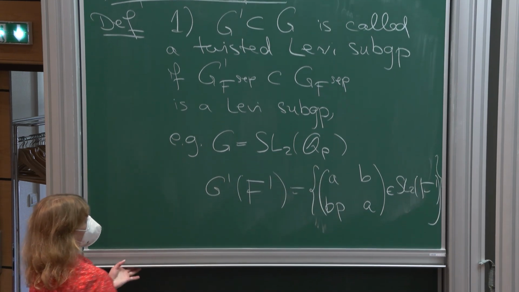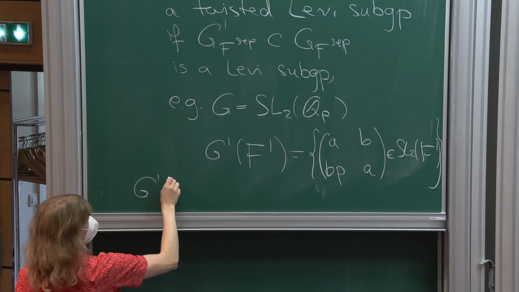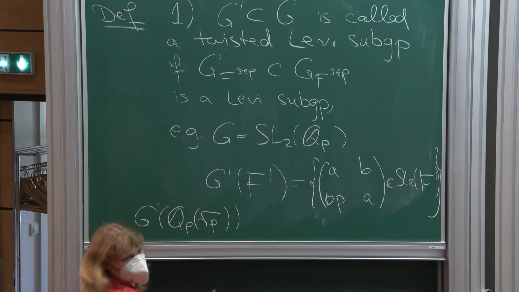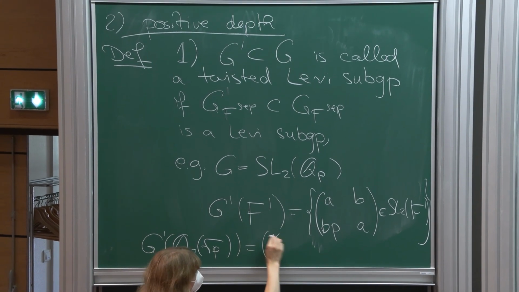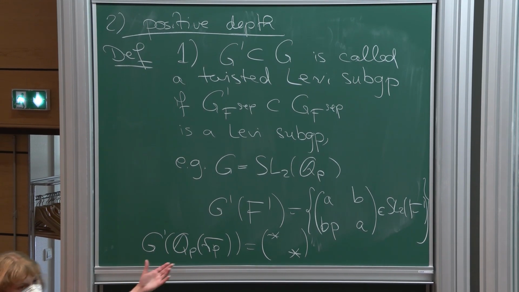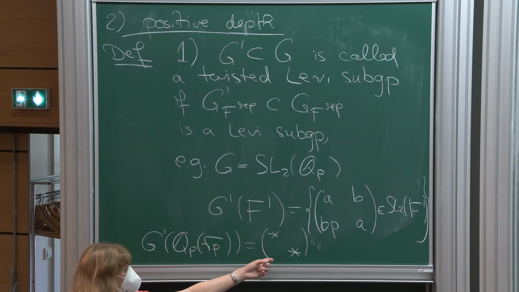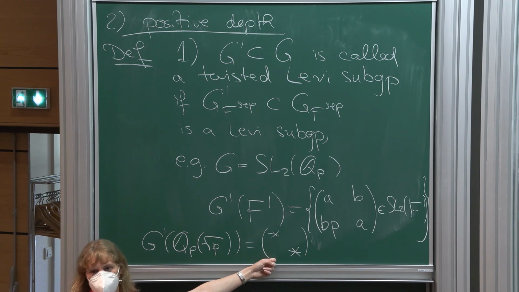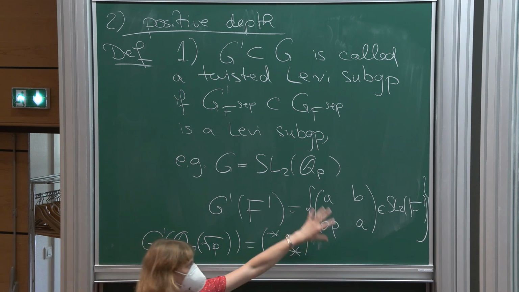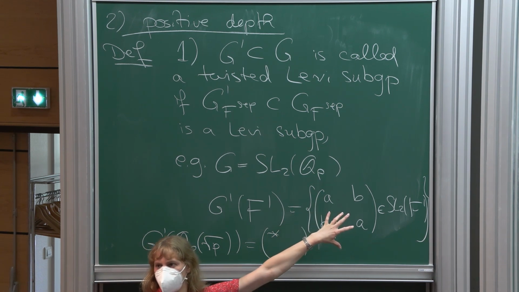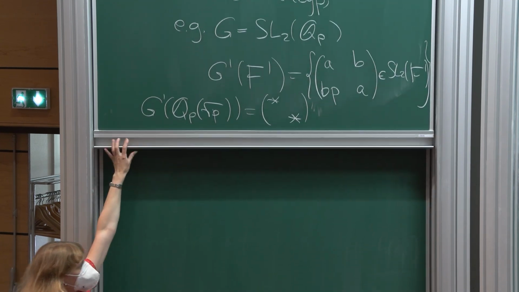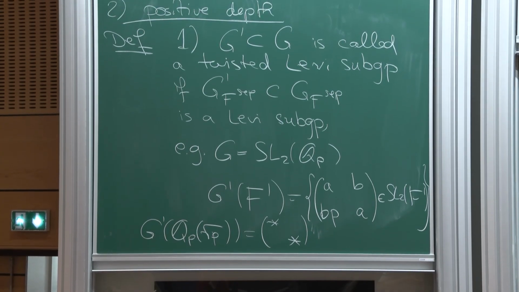In particular, for G prime of Qp, when you adjoin the square root of p, you can diagonalize these matrices, so this becomes just diagonal matrices. That means over the quadratic extension, this becomes isomorphic to a Levi subgroup, and that's why it's a twisted Levi subgroup. But over the ground field F, it's something compact. It doesn't look like a Levi subgroup, but it's a twisted Levi.